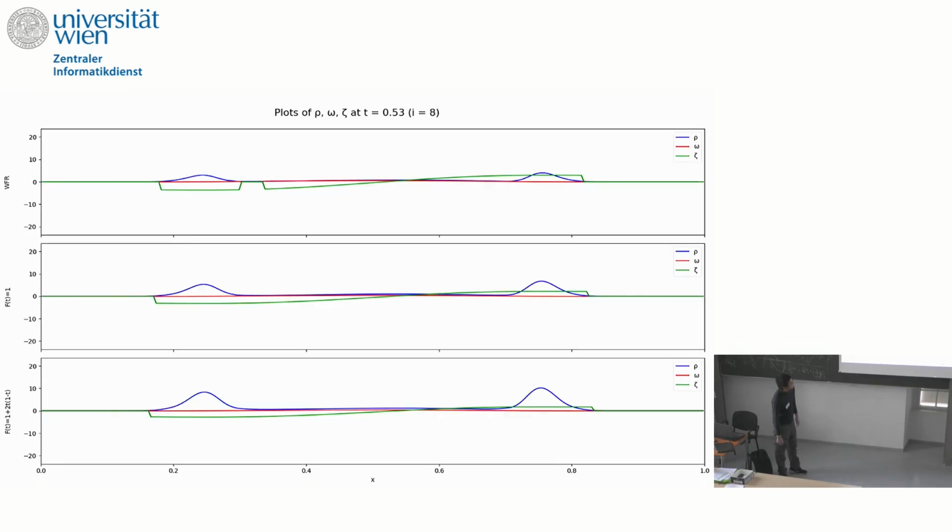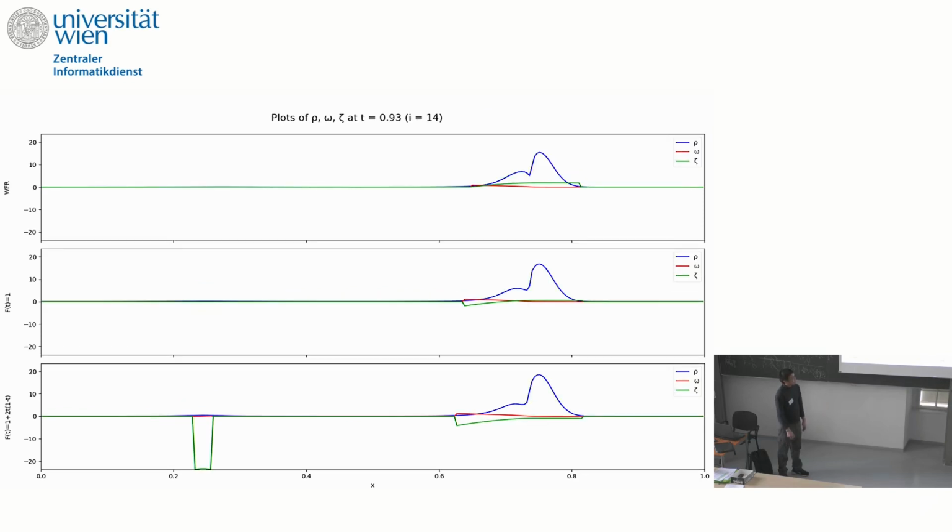Here you can see the difference in the amount of mass: the top is the least and the bottom is the most. For the last, it's the opposite: the top is increasing and the bottom is decreasing. So you can see the effect of constraints on the parameters.